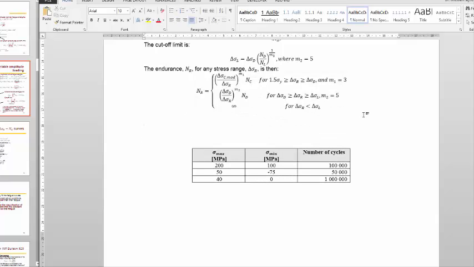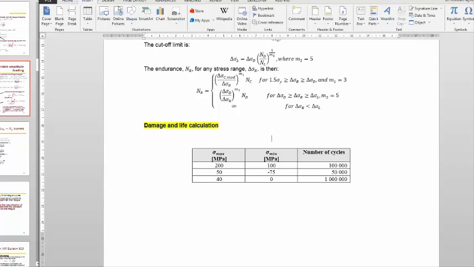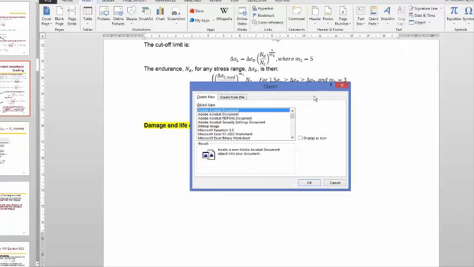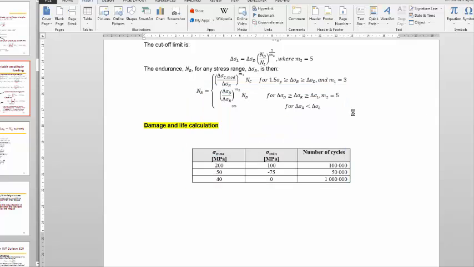So here I'm going to say damage and life calculation, bold it, and highlight it with yellow so that we know where it is. I'm going to center it and insert a little object, an Excel worksheet, here.